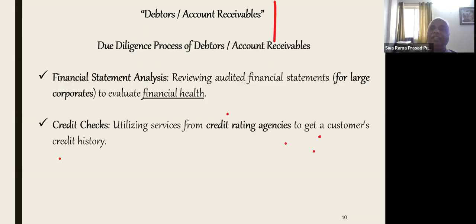All these things they will verify. But some of the people, particularly I observed through my known friends, are not bothered about debtors or accounts. They say, who will pay, boss? This is a defunct company.